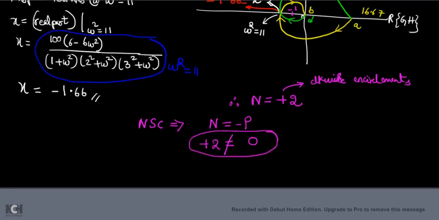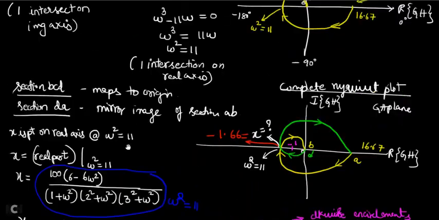So the Nyquist stability criteria is not satisfied. Because it is not satisfied, I can write that the given closed loop system is unstable. It is not stable. So like this you need to do, and repeat the same steps for any Nyquist problem given to you.